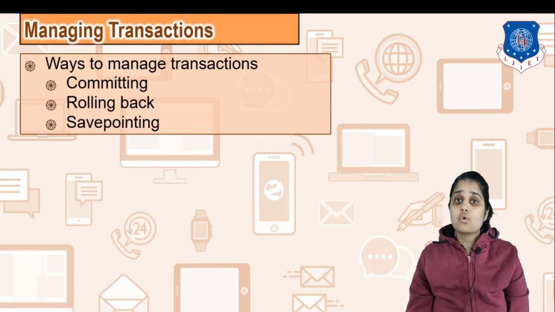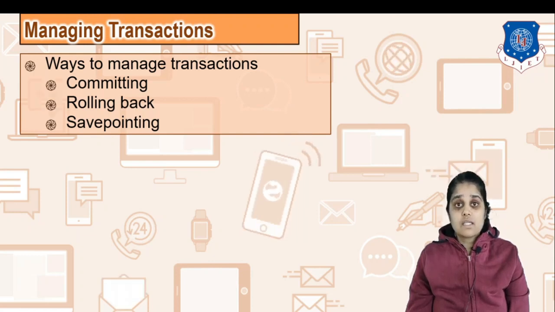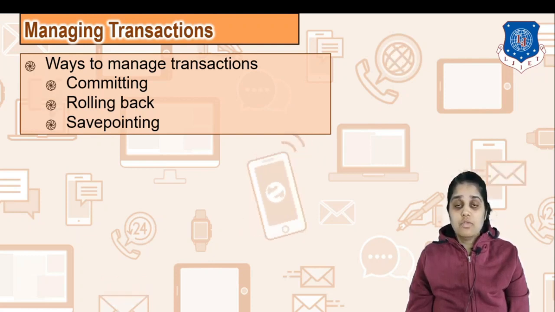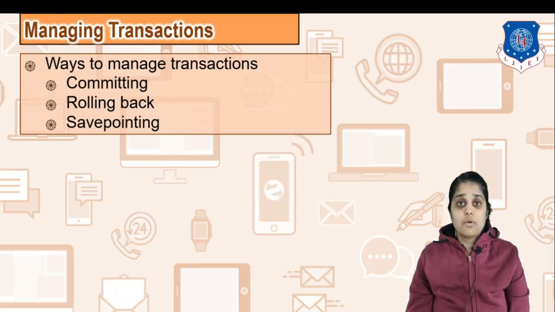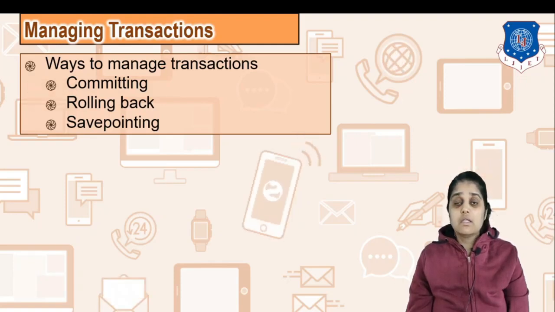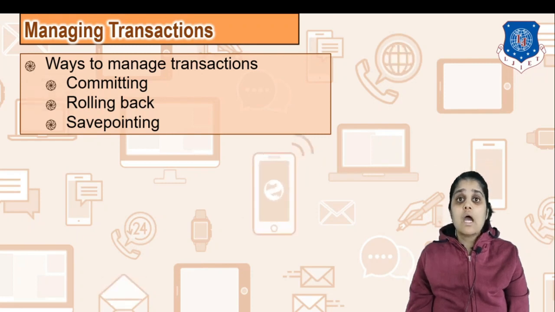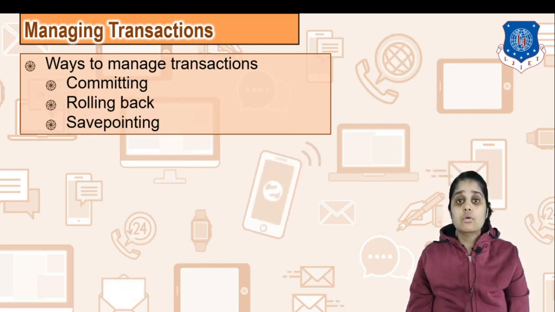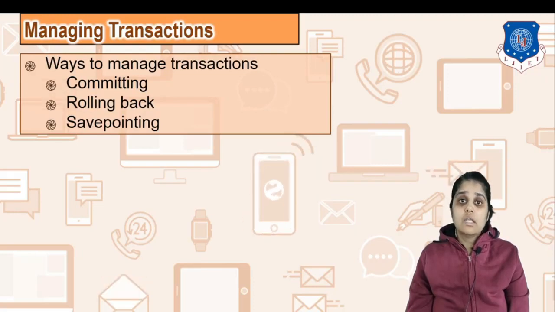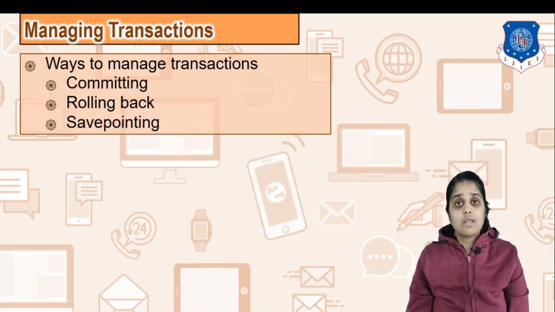Now, second is rolling back. Now let us take an example of scenario number 2. We had a total of 4 operations. Suppose your first 3 operations are successful, last one is unsuccessful. You are not able to get your ticket in form of SMS somehow. So you are going to undo, or you are going to cancel all the 3 previous operations which had taken place.